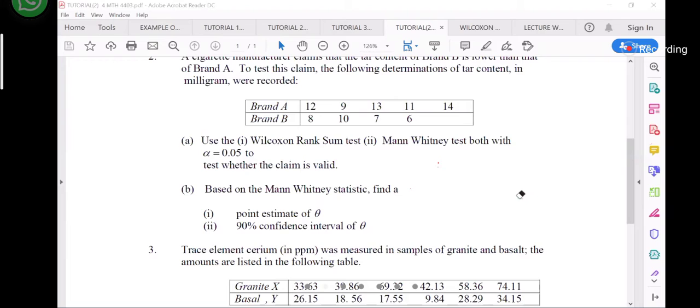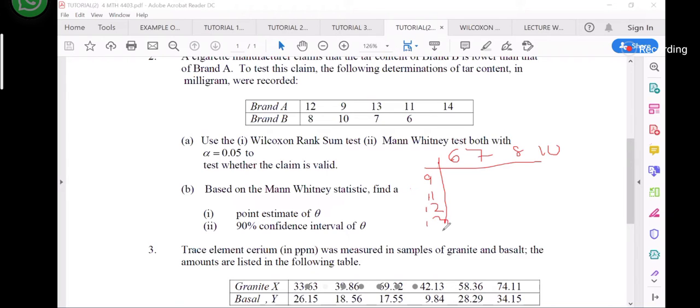Just like what you have done before, the point estimate of theta. What is theta? Theta is the median of the difference. So how to do that? Here you have 6, 6, 7, 8, 10 for B, and for here 9, 11, 12, 13, 14.